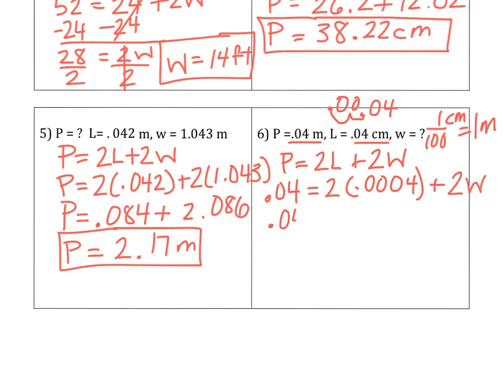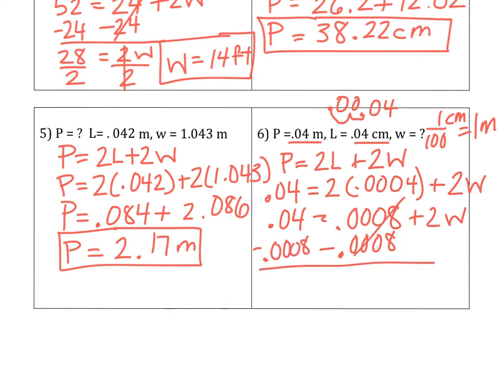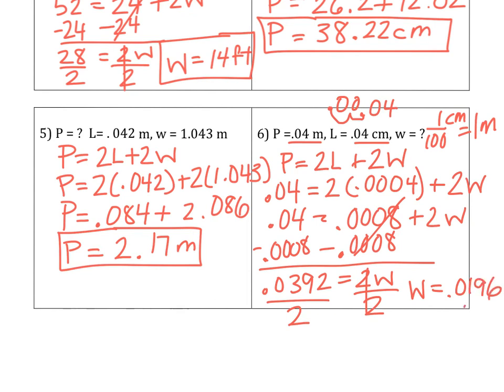I have 0.04. 2 times 0.0004 is 0.0008 plus 2W. Subtract 0.0008 from both sides. I get 0.0392 equals 2W. I divide both sides by 2. I get W equals 0.0196 meters.